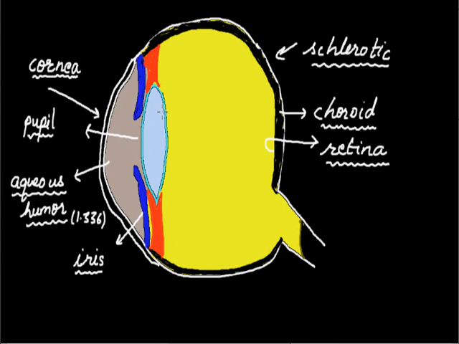Now, this is the biconvex natural lens, which serves as the natural lens which converges the light rays coming from the objects at different distances. These are the ciliary muscles, which have a very important function.